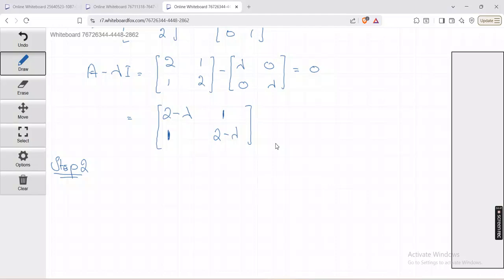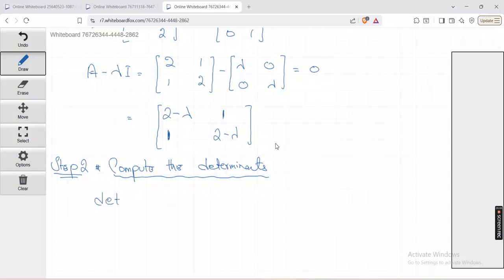Now we will move towards step 2, which we call compute the determinant. Compute the determinant means we have to find the determinant of this equation.